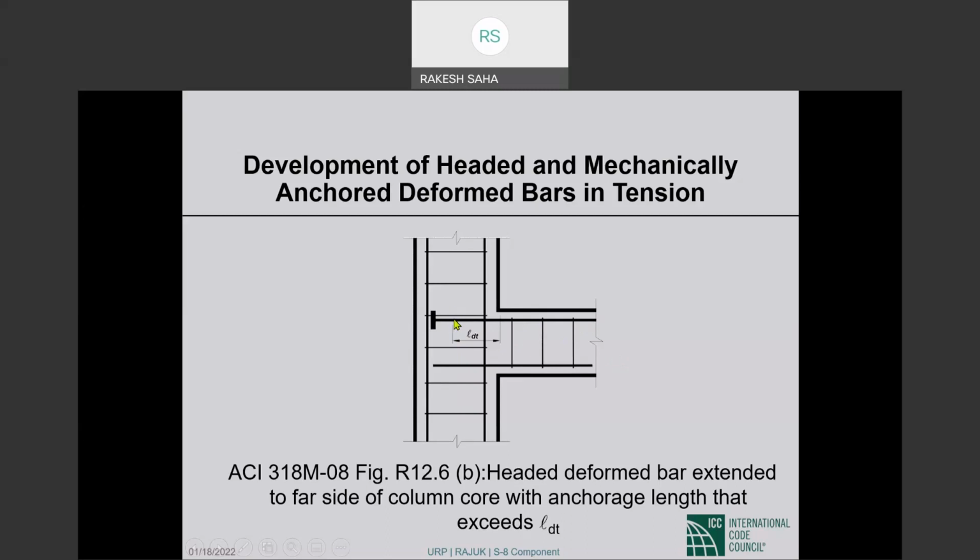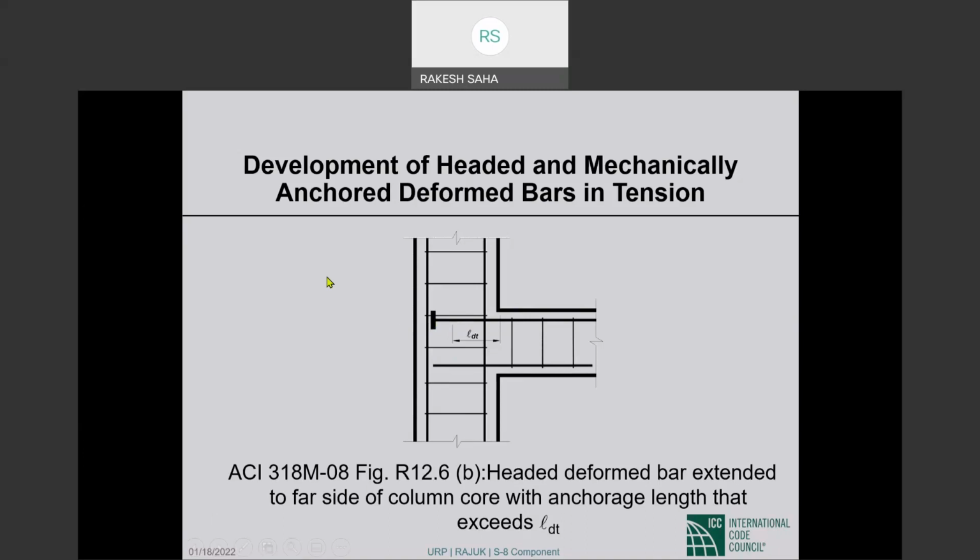But ACI 318 is saying take it as far as you can, subject to adequate cover being provided and subject to no interference with the column bars. So although the head could be terminated here, take it as far as you can towards the face of the column, still keeping sufficient cover and not interfering with column reinforcement.